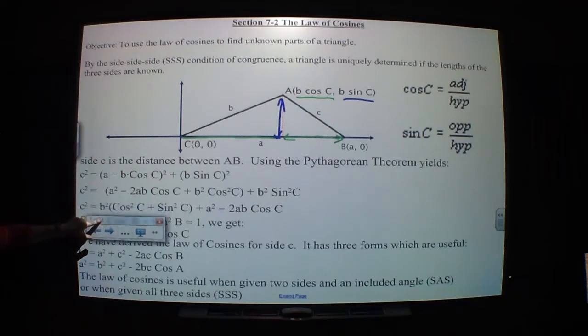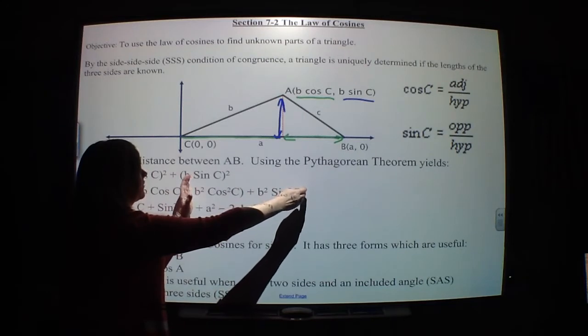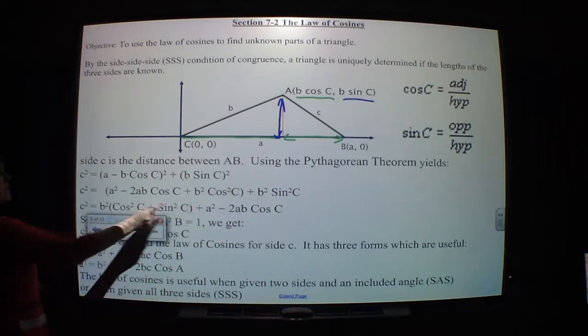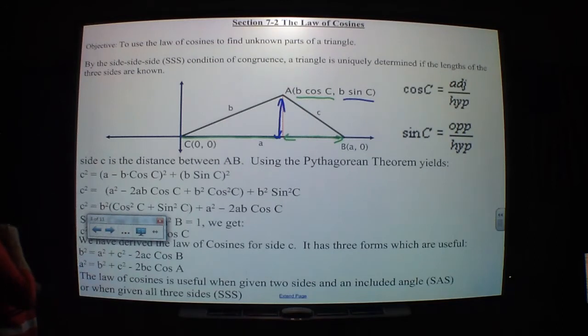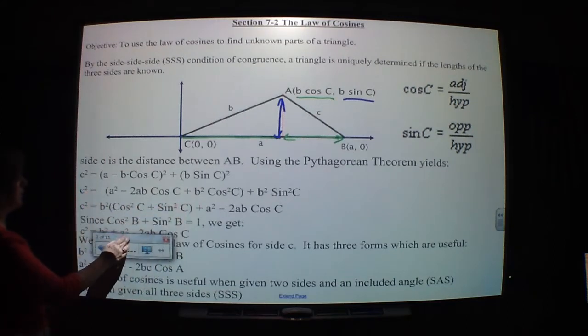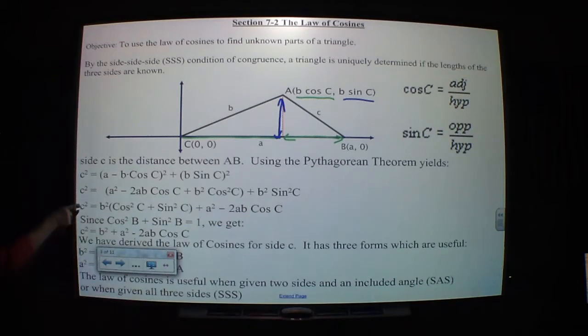After I foiled, I put my b squared terms together and factored out a b squared. So that's what I did here. Sine squared plus cosine squared is equal to 1. So I can just rewrite that as b squared plus a squared minus 2ab cosine of c is still equal to c squared. This is the formula.